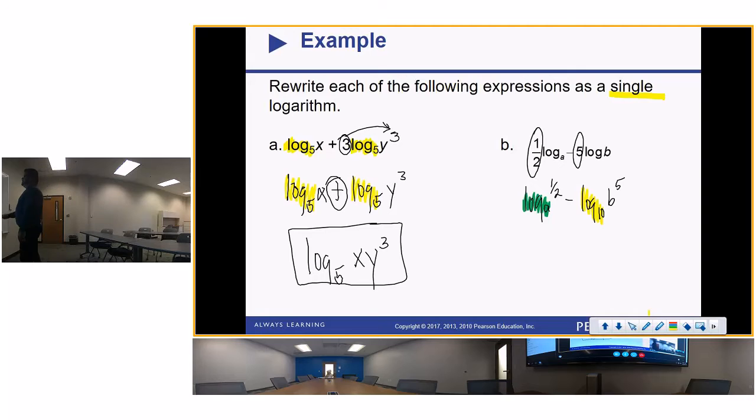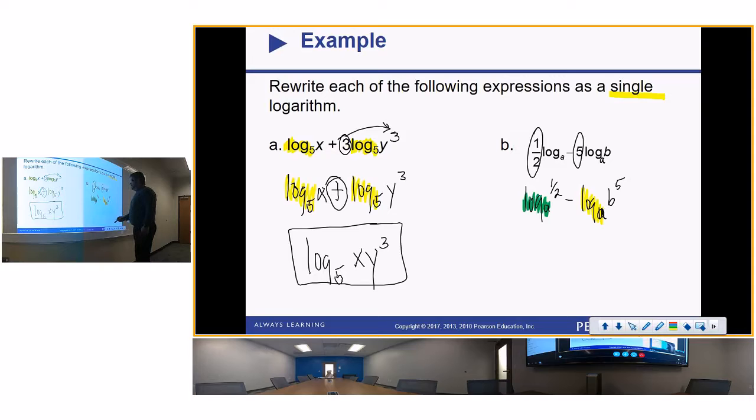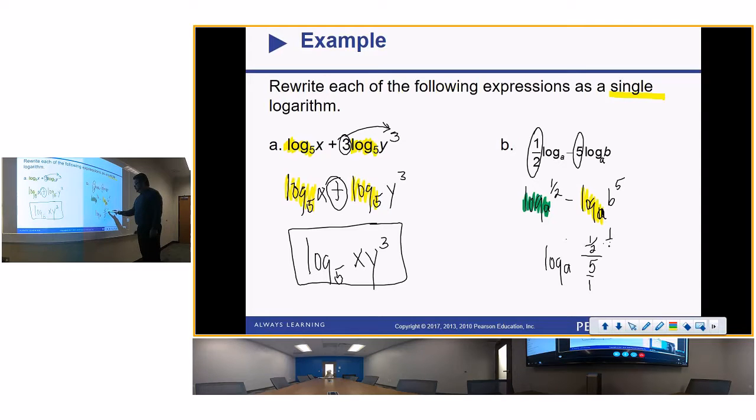So I don't understand this, because unless they're using something else, I really think this is supposed to be an A. I think they messed up. So let's say that this is an A. Then you could say log, we're going to change it because I think that's what they want. What will that be? Log base A of what? 1/2 over what? 5. And what's 1/2 over 5? Well, divide a fraction by a fraction, you multiply by the what?